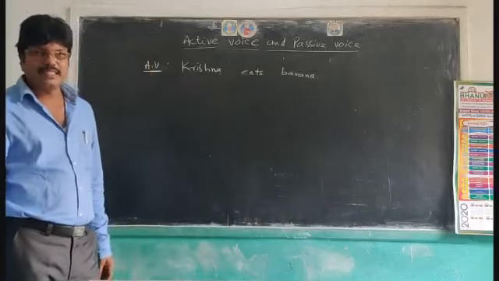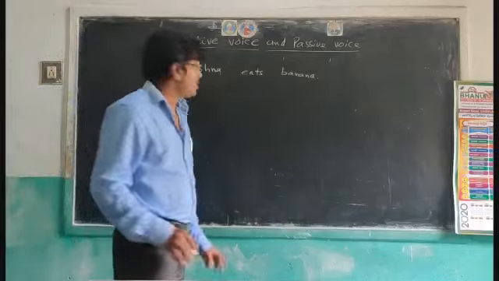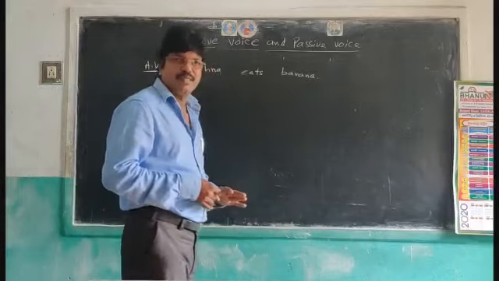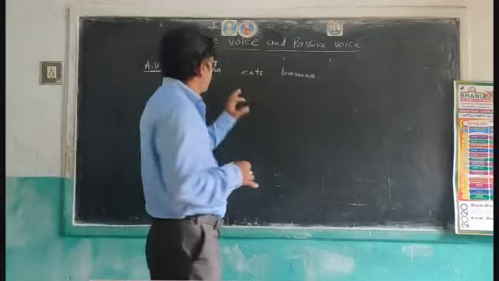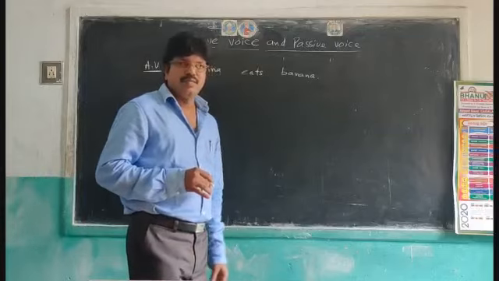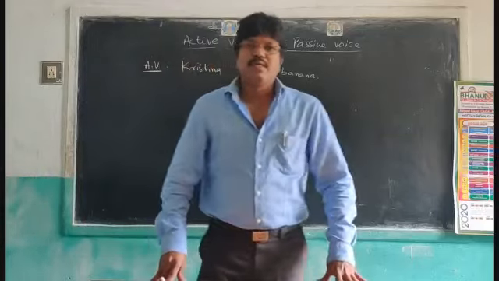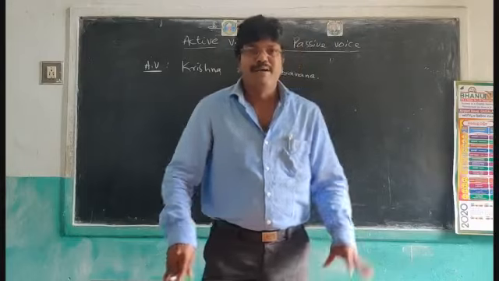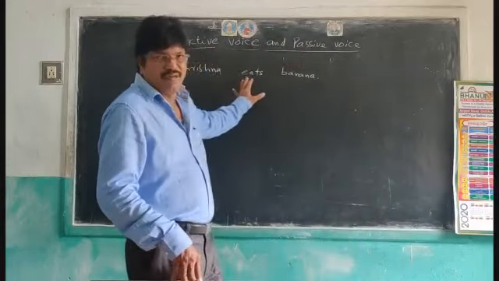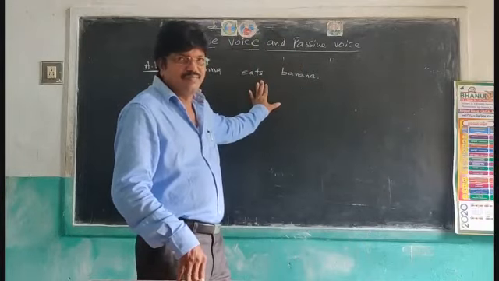Krishna eats banana. It is in the simple present tense, because of the verb. How can you identify the sentence type? Mainly by the verb. Watch the verb: eats is the verb.